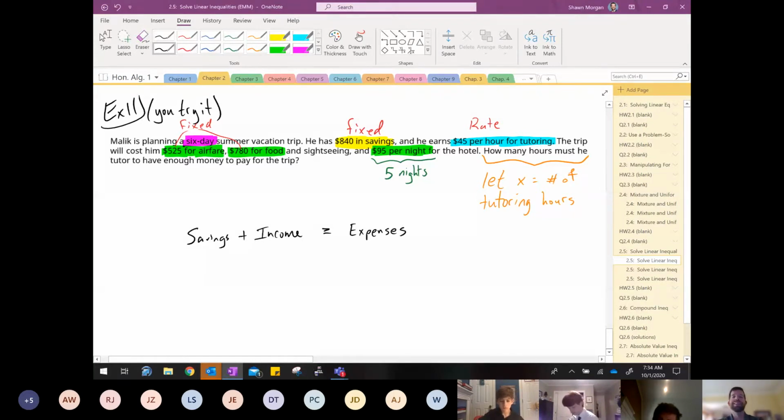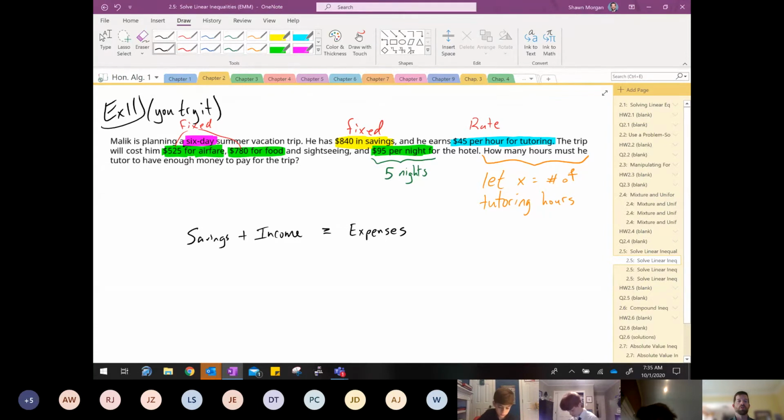Okay, that's the idea here, fellas. If my savings and my income are at least as much as my expenses, then I can go on the trip. If my savings and my income are not, then I cannot go on the trip. At least that should be, as I mentioned earlier, how I structure my personal finances.